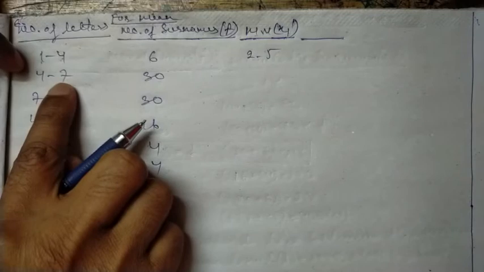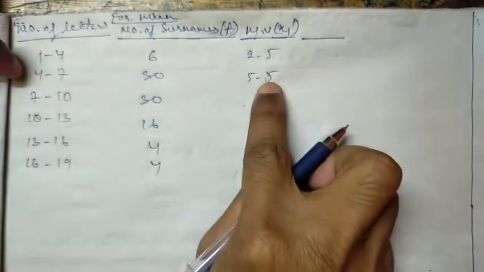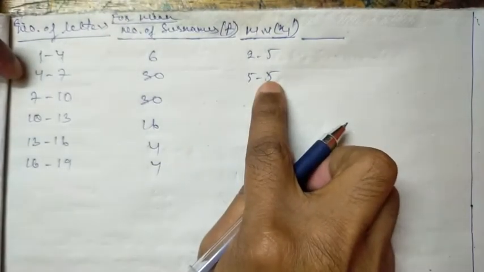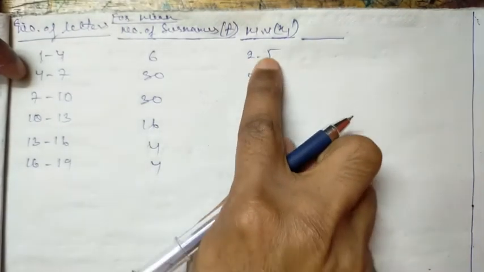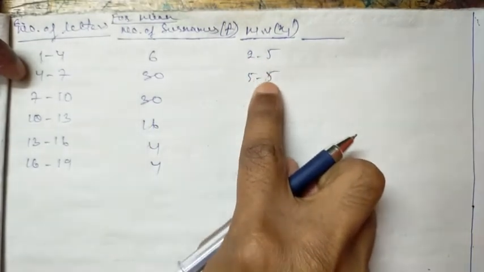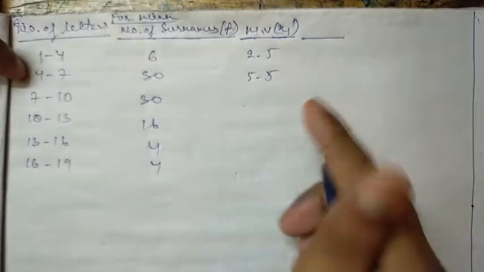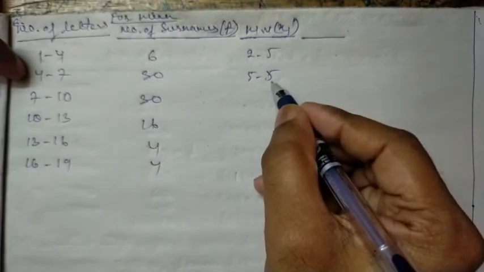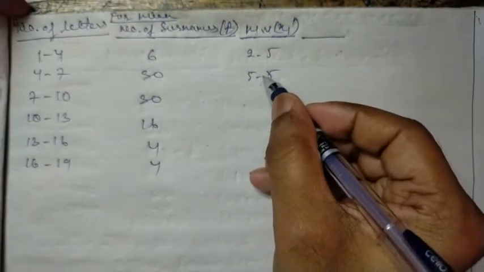4 plus 7 is 11. 11 divided by 2 will get 5.5. Okay, so 2.5 and 5.5, what is the difference? The difference is 3. You can see, if the difference is 3, we can add 3 to each of the mid values.